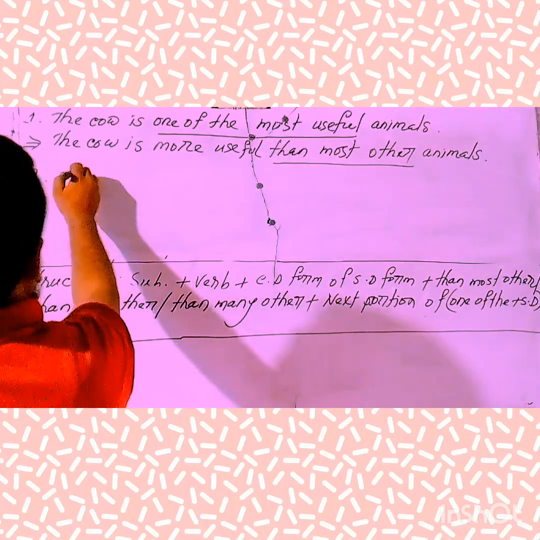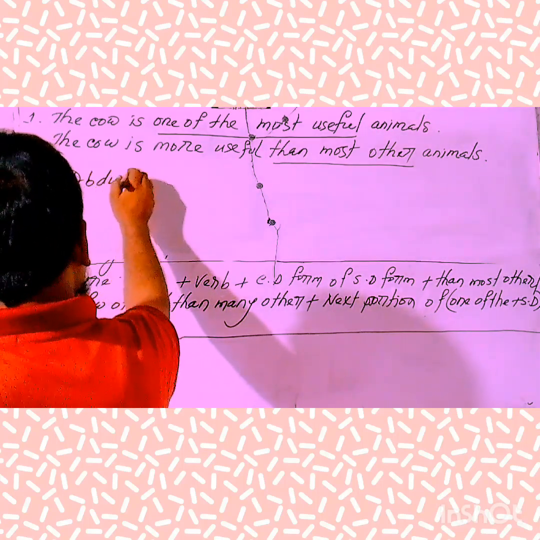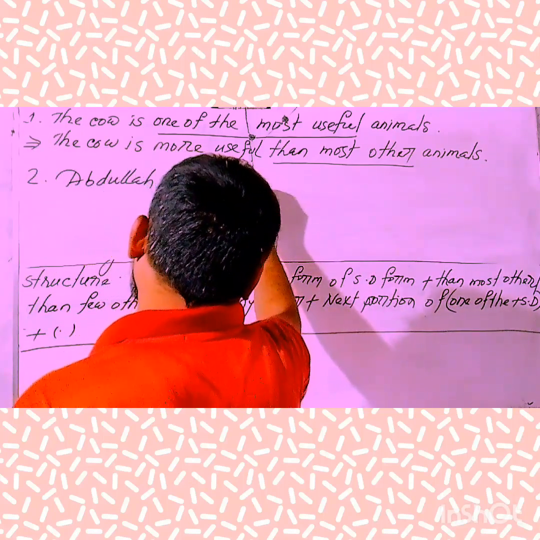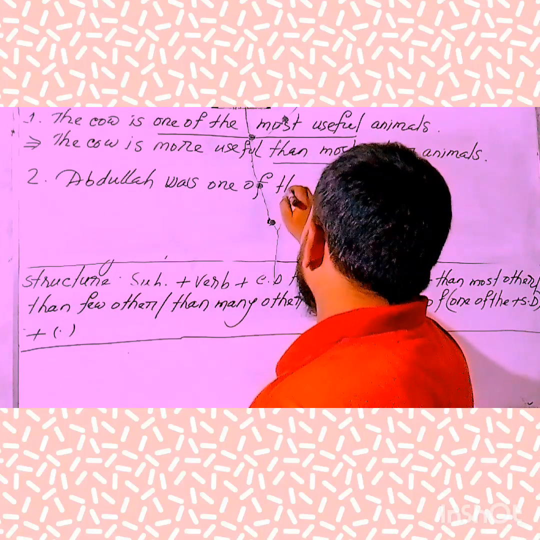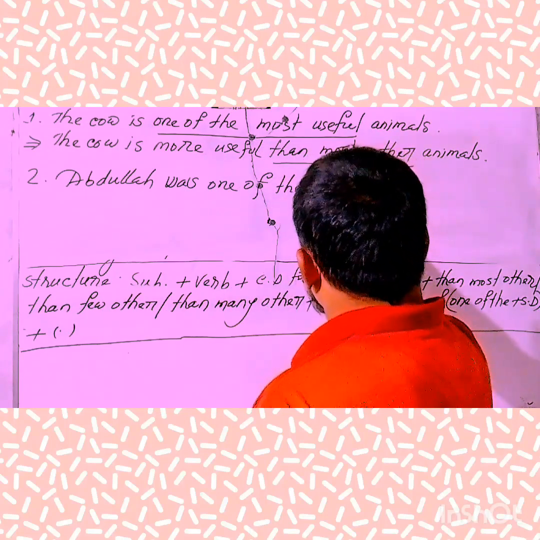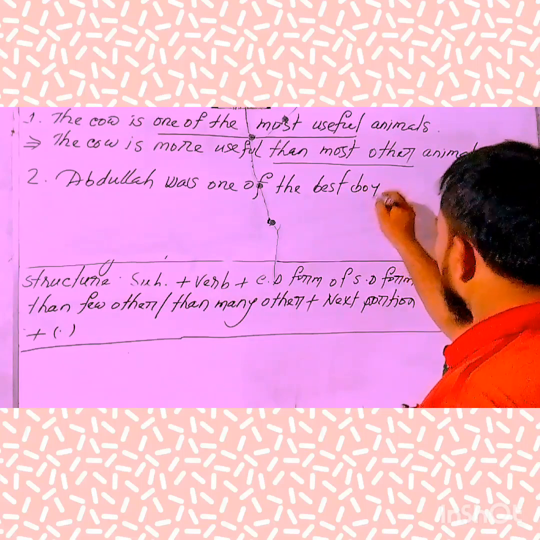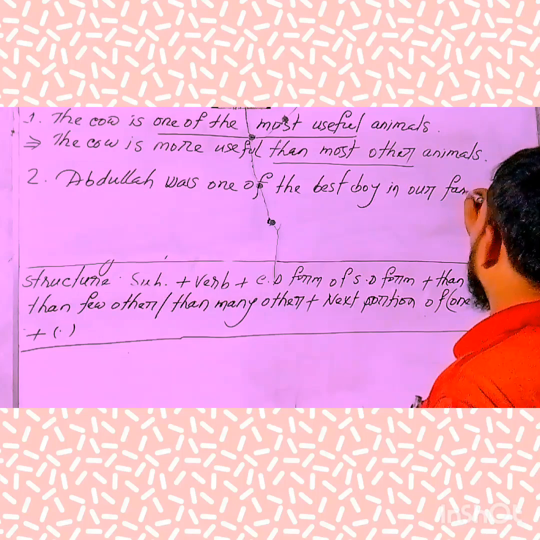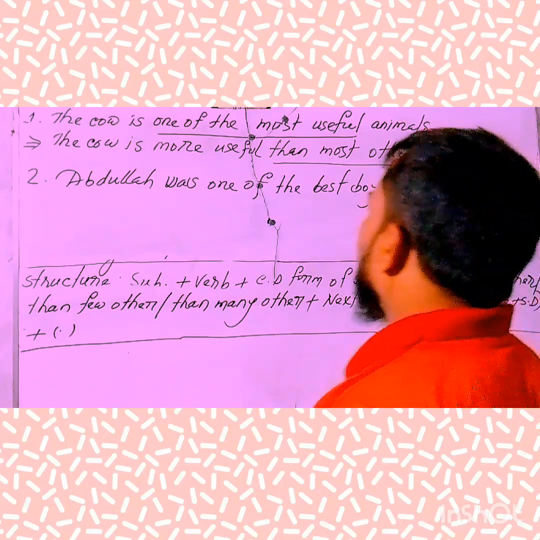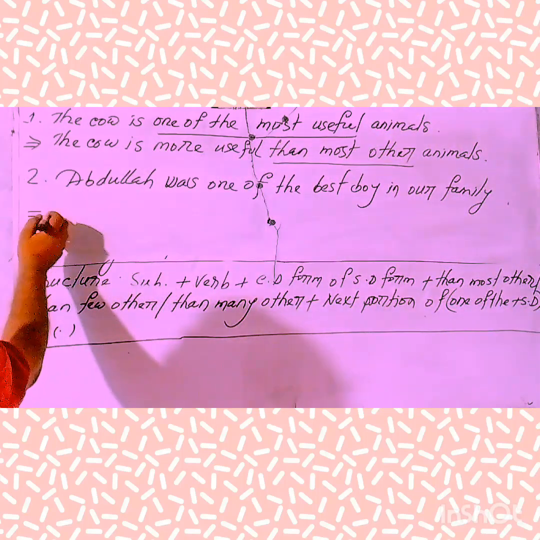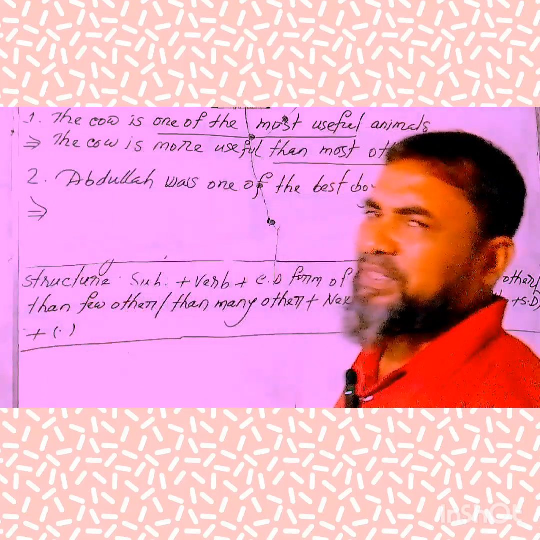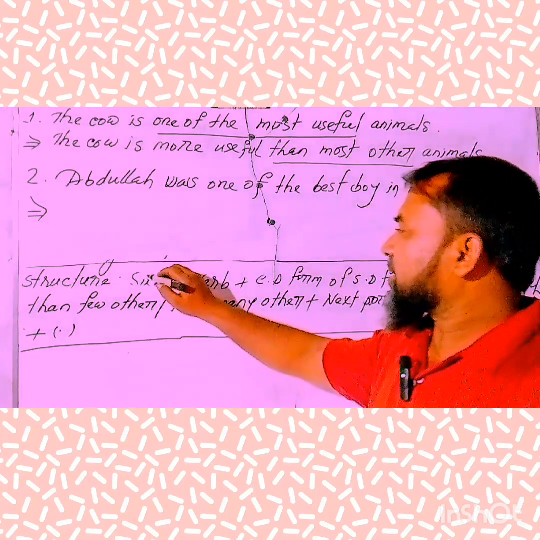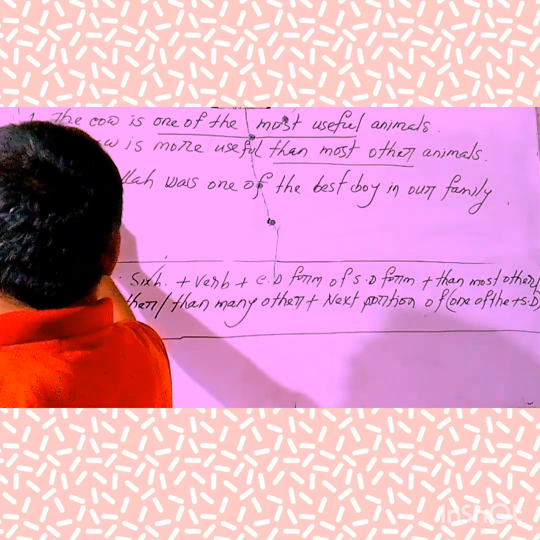Okay, number two, Abdullah was one of the best boys in our family. Okay, my dear learners, now try to employ the structure pattern. According to the sequence of the structure, we'll have to use subject. Here subject, Abdullah.